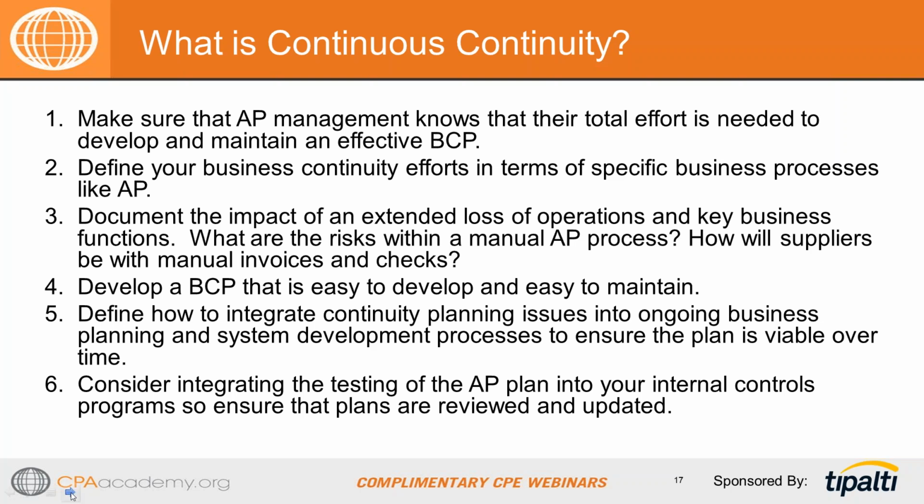And looking at the chart we just saw a few slides back, who's going to handle supplier master? Do you have any systems that are still in your company that you don't have access to because you haven't automated? So it's a checklist. It's defining your continuity efforts for accounts payable by process, and look at the people side of it, make sure you've got the people available to handle the efforts.